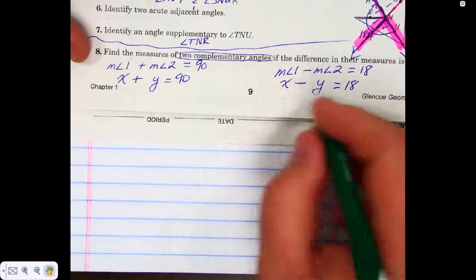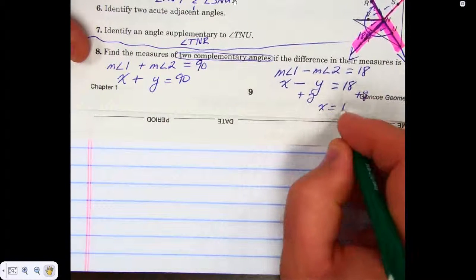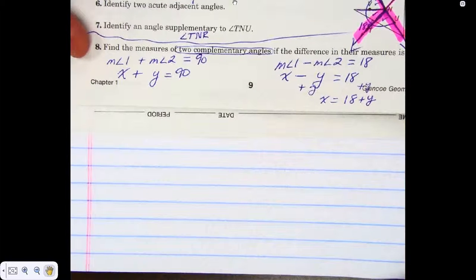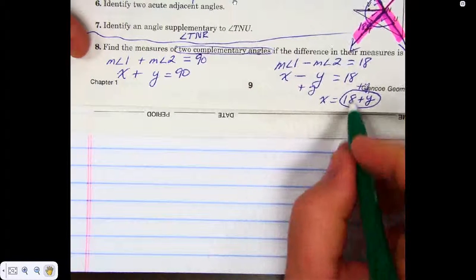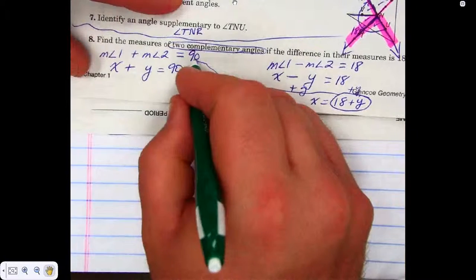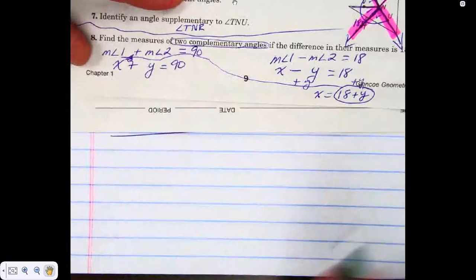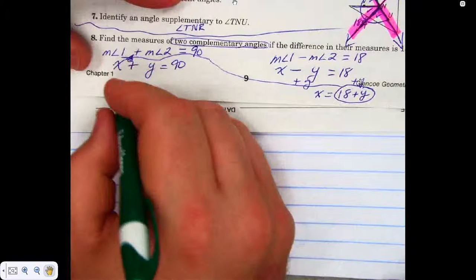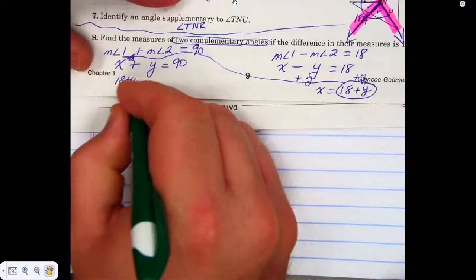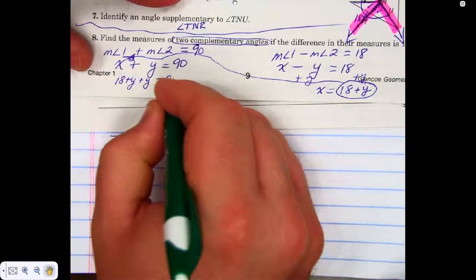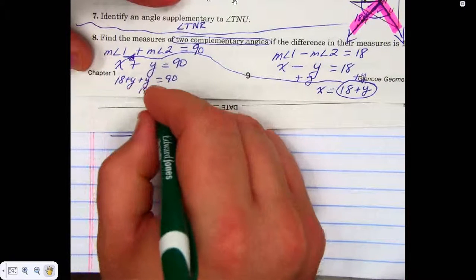Basically here I could add y to both sides. x is the same thing as 18 plus whatever y is. So I plug it back in to this one for x. Instead of x here, I'd have 18 plus y. 18 plus y plus y is equal to 90. What are these two combined? 2y. 18 plus 2y is equal to 90.